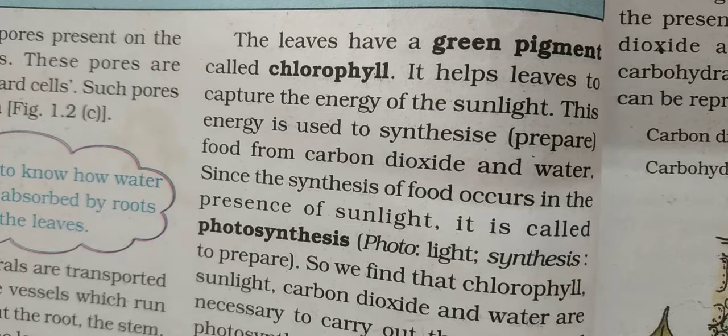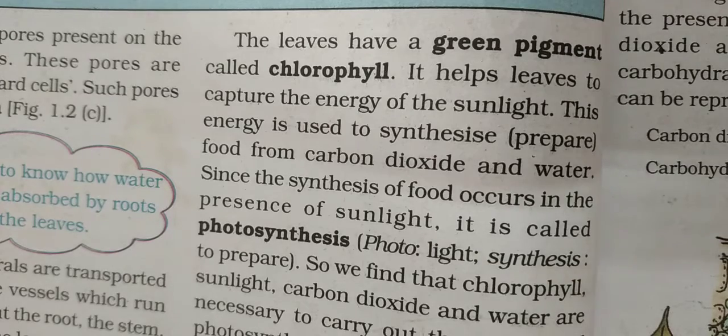Since the synthesis of food occurs in the presence of sunlight, it is called photosynthesis. If you break the word into two parts, photo means light and synthesis means to prepare.